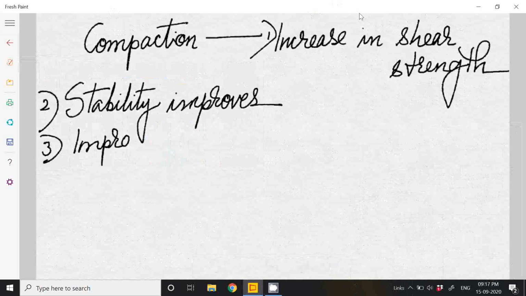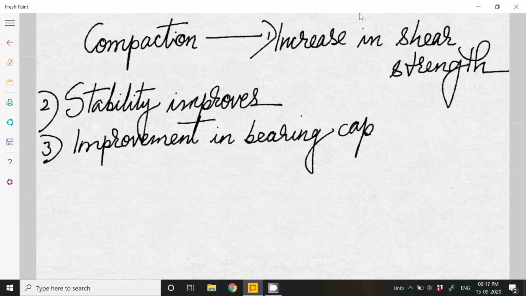Bearing capacity we'll learn a little later. It is related to the design of foundations, so this will be learned later. Now, it also reduces the compressibility and permeability of the soil.